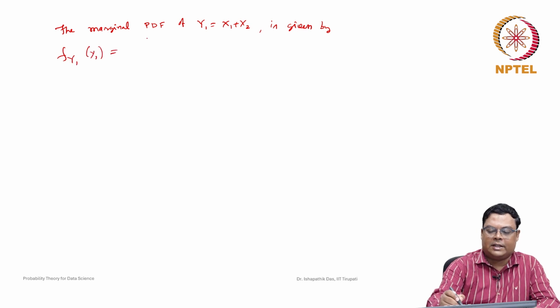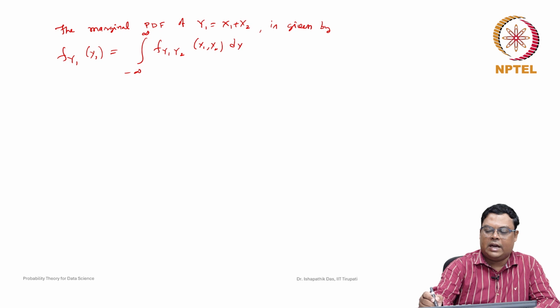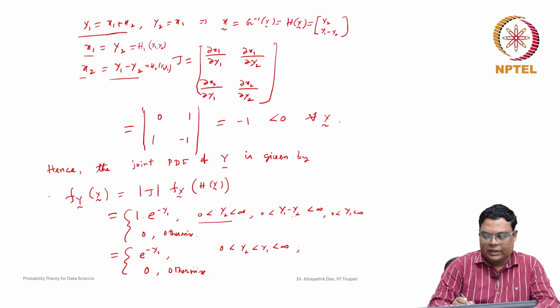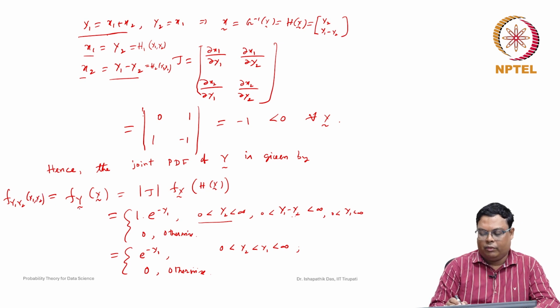By definition, because we know the joint probability density function of y1, y2, if you integrate over y2, then we will find the marginal probability density function. This notation is the same as f of y1 y2 of y1 y2, just a simplified notation we used.